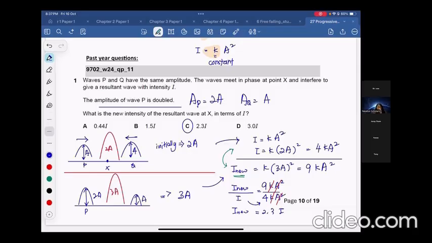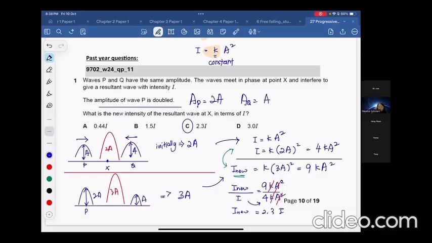So your new intensity will increase because now our amplitude becomes 3A, so it becomes 9Ka squared. They want to find your new intensity in terms of I. That means they want you to relate back with the original situation. So I'm using ratio to find it. 9 over 4, I get 2.3. The I on the bottom, I move to the other side. So I know the new intensity is higher than the original, which is 2.3 times the original.